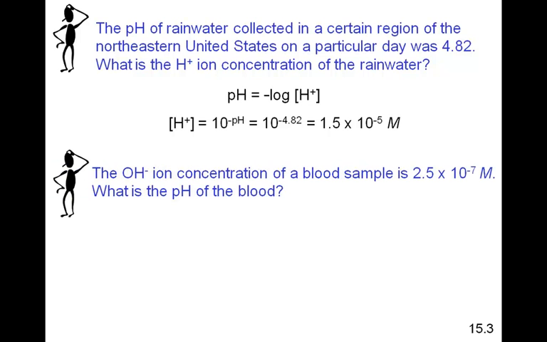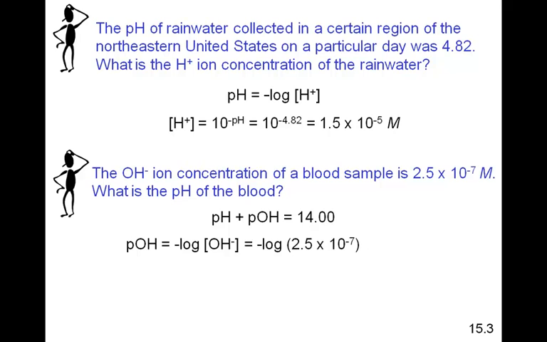The OH minus concentration of a sample of blood is 2.5 times 10 to the negative seventh. What is the pH of the blood? Well, we've got the OH minus concentration, and we know that the pH plus the pOH is equal to 14. So if we knew the pOH, we could subtract it from 14 and get the pH. So let's use the pOH is equal to minus the log of the OH minus concentration. And we plug in the number, which is the OH minus concentration.